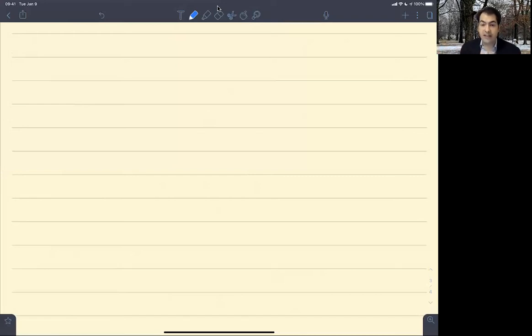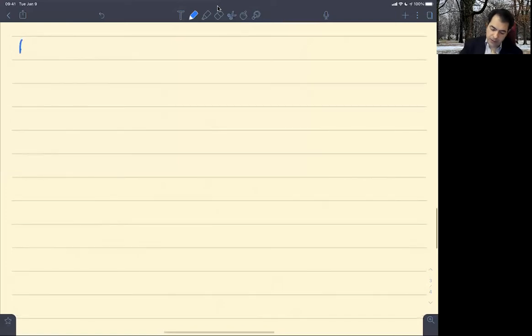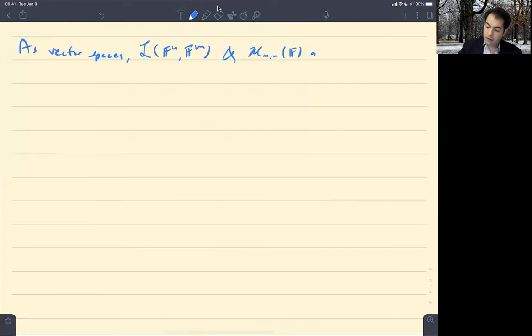They are isomorphic vector spaces. So let's write that down. As vector spaces, linear maps between Fn and Fm and matrices of size m by n are the same.